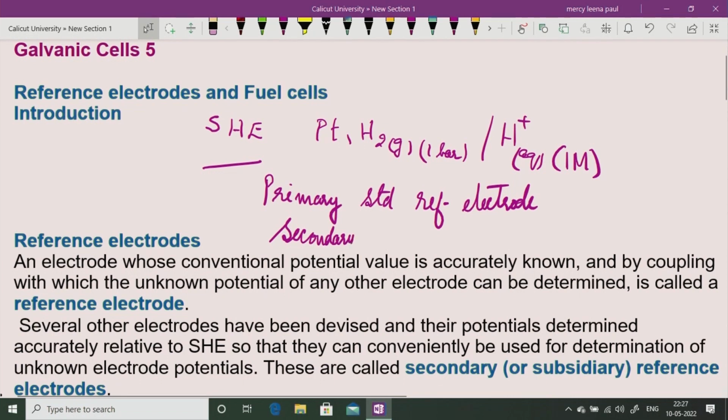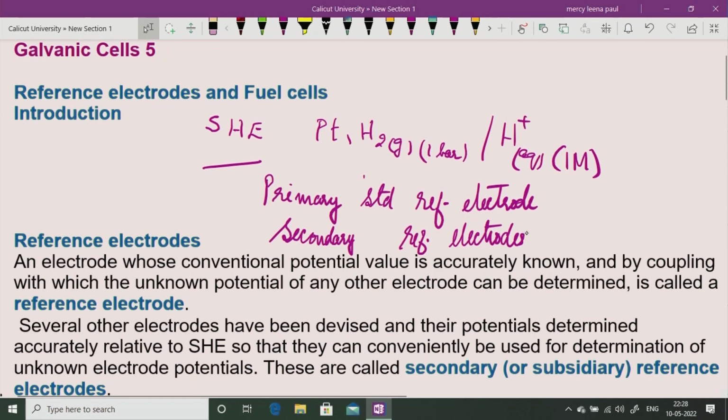And if it is in standard conditions, you can have it as a standard reference electrode. So, we have two types of reference electrodes: one is the primary, and we have only one primary, the standard hydrogen electrode, that is SHE, and you can have some reference electrodes which can be easily set up and used for experimental purposes.